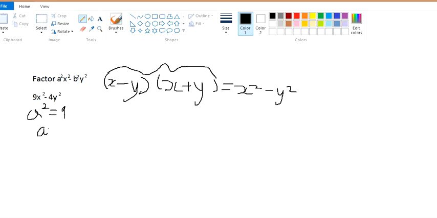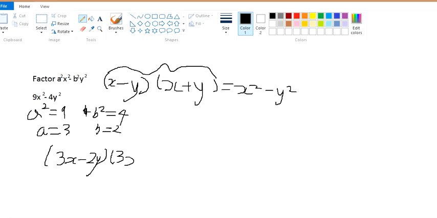So then a would be 3 or negative 3, but we shall not bother with that right now. And b squared is 4, so we'll take b to be 2. So what we would have is 3x minus 2y multiplied by 3x plus 2y.